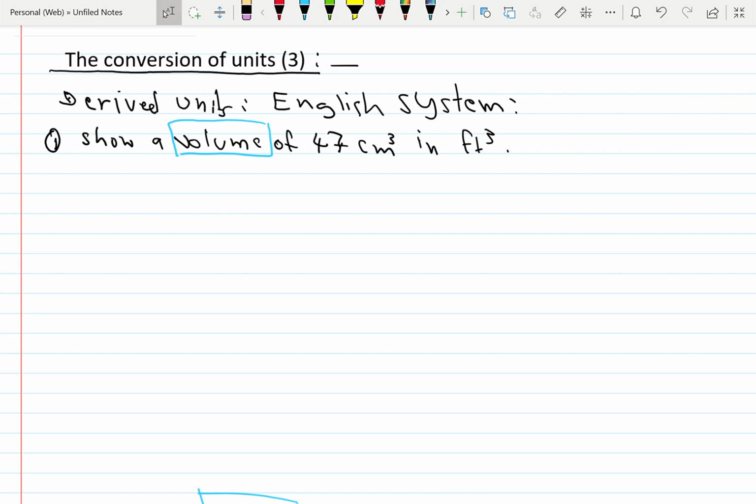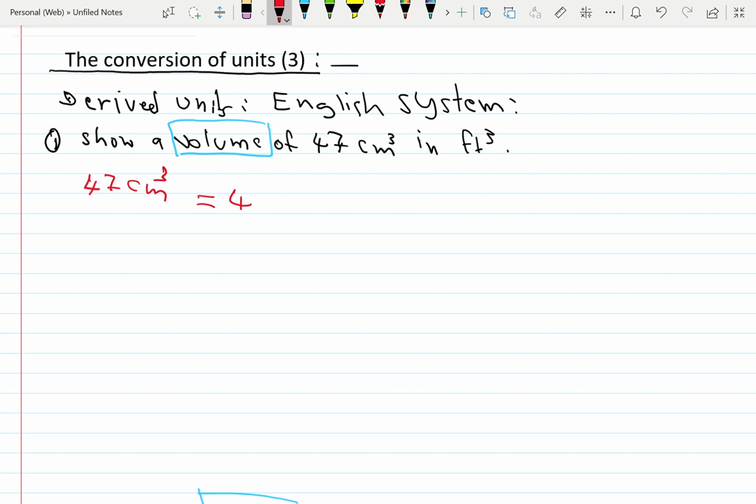So if we have a volume of 47 centimeter cubed, they ask us to show it in foot cubed. 47 centimeter cubed, they want it in feet, so that will be in this way.